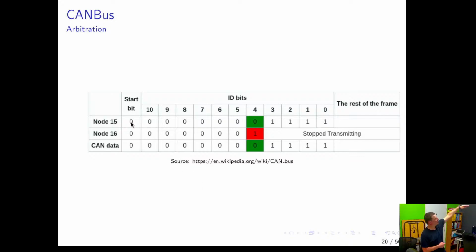They start the frame and they start writing 0, 0, 0, and so on. And when it comes to bit 4, node 15 writes 0. Node 16 wants to write a 1, but when it checks the bus, it notices that it's actually a 0 there and realizes that it lost arbitration.